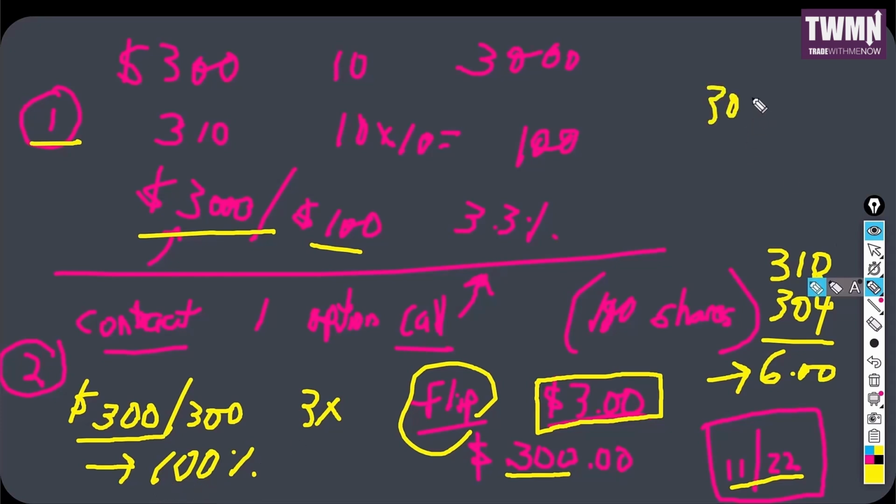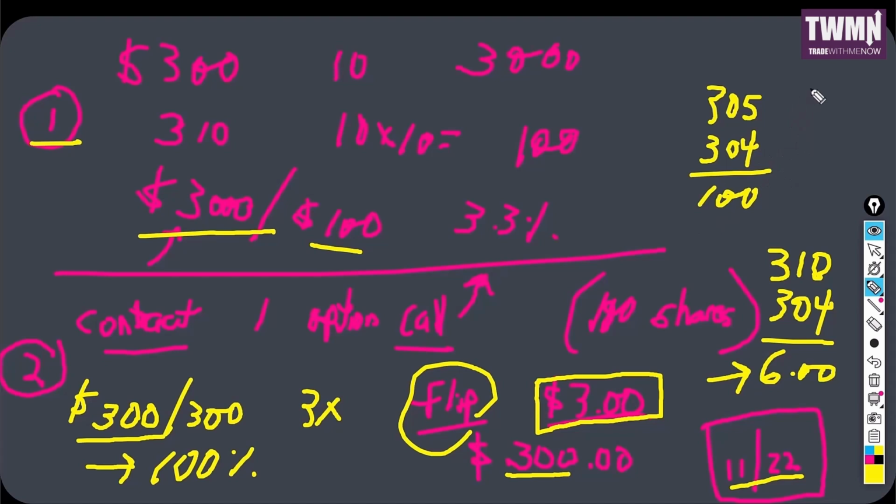If price went up to 305 here, and your strike price was 304, then you made $100. Well, it cost you 300, so you only made 100. So what happened? Well, you lost $200, right?